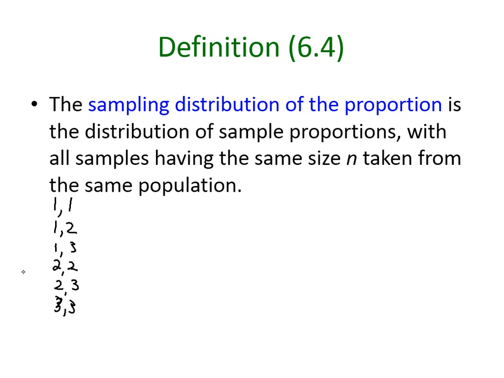If I went with the proportion of ones that was in my sample, first of all, if we're doing it from the population that's 1, 2, and 3, what is the proportion of ones out of the entire population? 1/3. We've got 1 out of the 3 numbers, so the proportion is 1/3 of the numbers are 1. Out of this one, what's the proportion of ones?